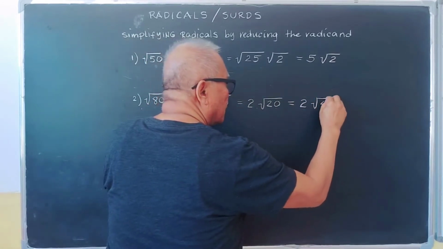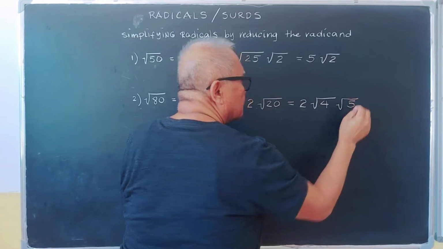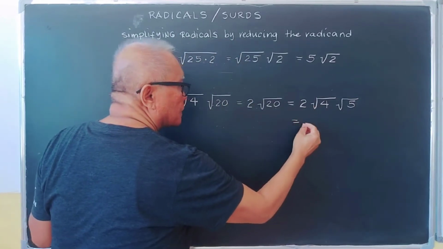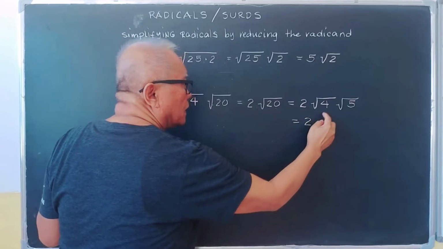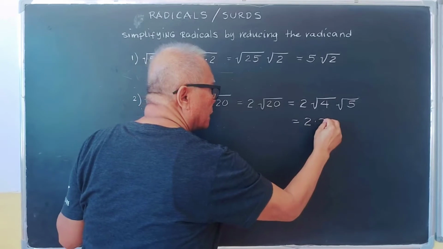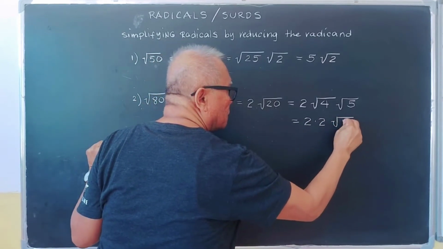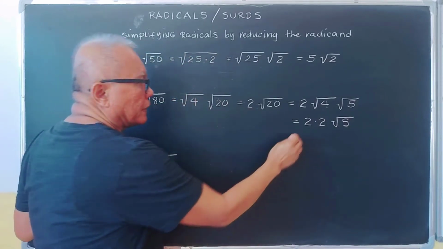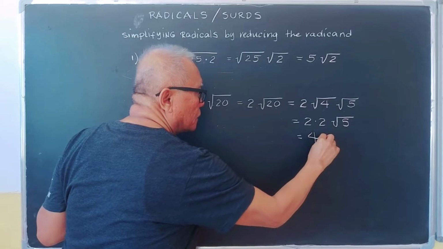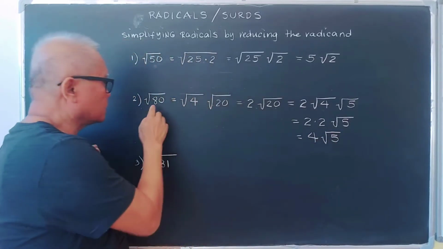So we have the square root of 4 here, and let us separate the square root of 5. The square root of 4 is 2, times the square root of 5, and then 2 times 2 is 4, so you have 4 square root of 5.